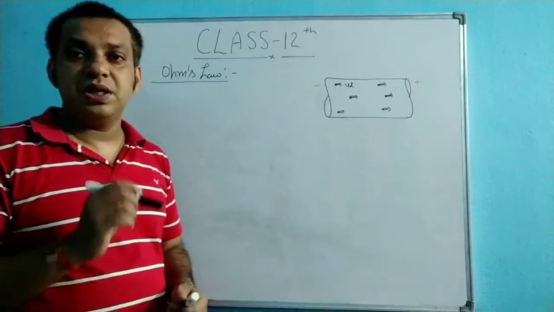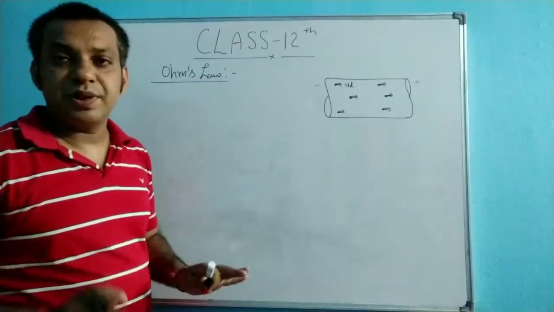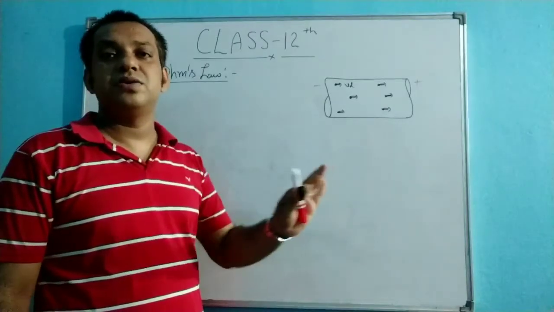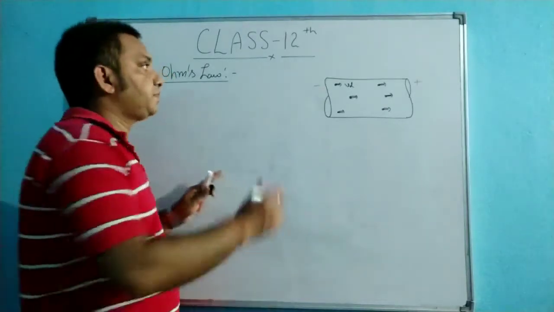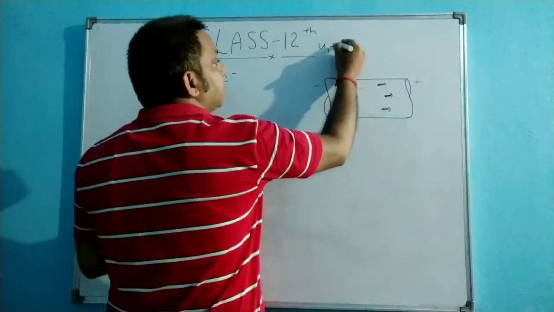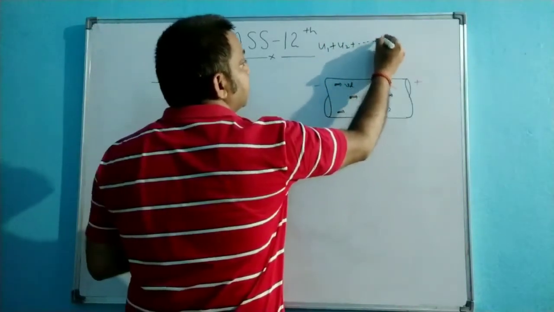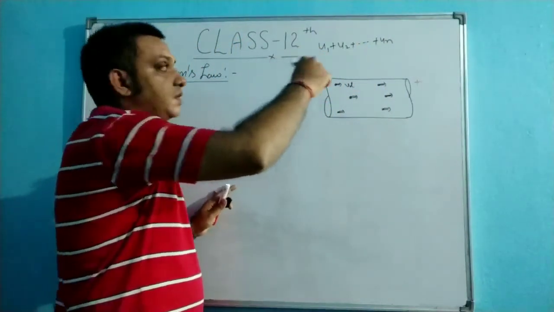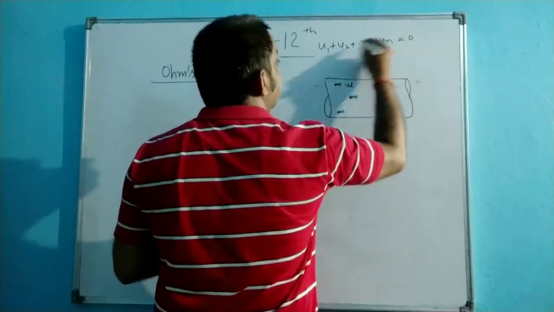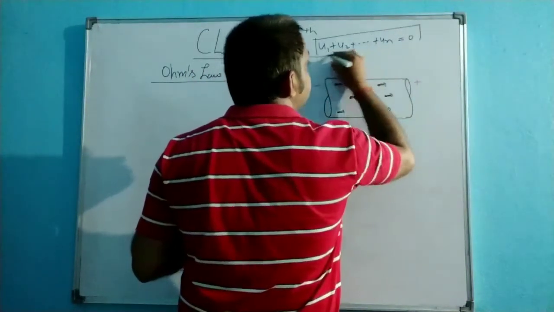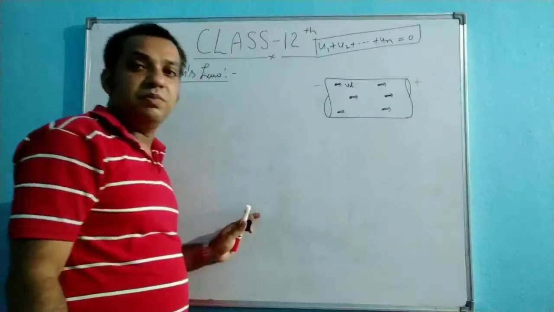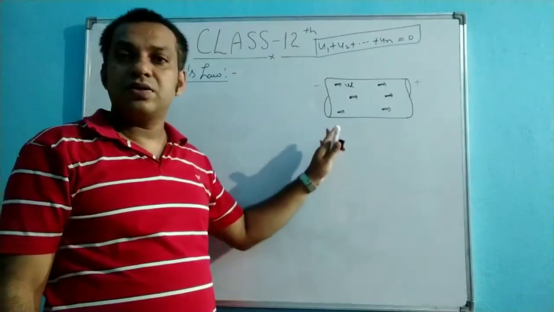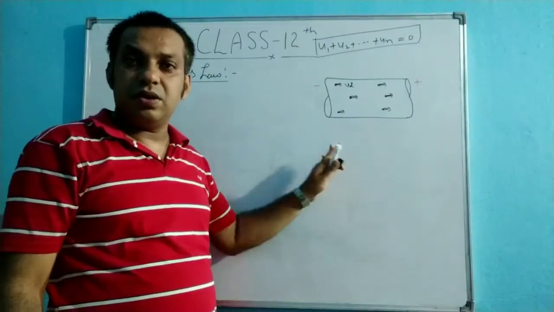Mathematically, if we assume the initial velocities of the free electrons are u1, u2, u3 and so on up to un, then u1 plus u2 plus dot dot dot plus un, the vector sum of all the velocities, is equal to 0. This value is 0 because the net movement of the free electrons initially is 0.